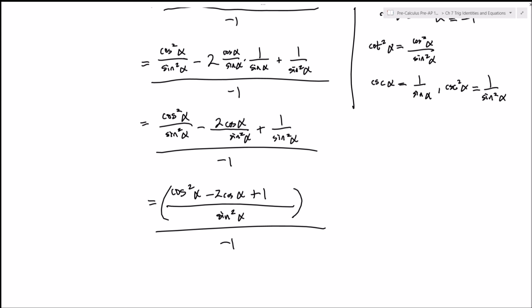It just changes the sign on everything. So this is the same thing as negative cosine squared alpha minus 2 cosine alpha plus 1 over sine squared alpha. Division by -1 is the same thing as multiplication by -1. The reason being, -1 is its own reciprocal, so to multiply by the reciprocal of -1 is the same as multiplying by -1.